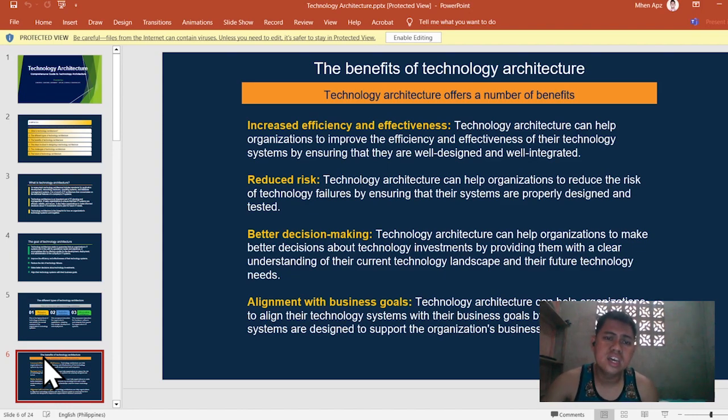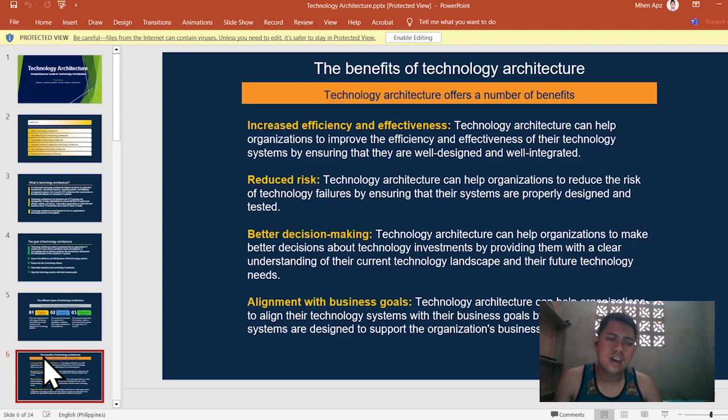It will also reduce risk, in the sense that technology architecture can help organizations reduce the risk of technology failures by ensuring that their systems are properly designed and tested.